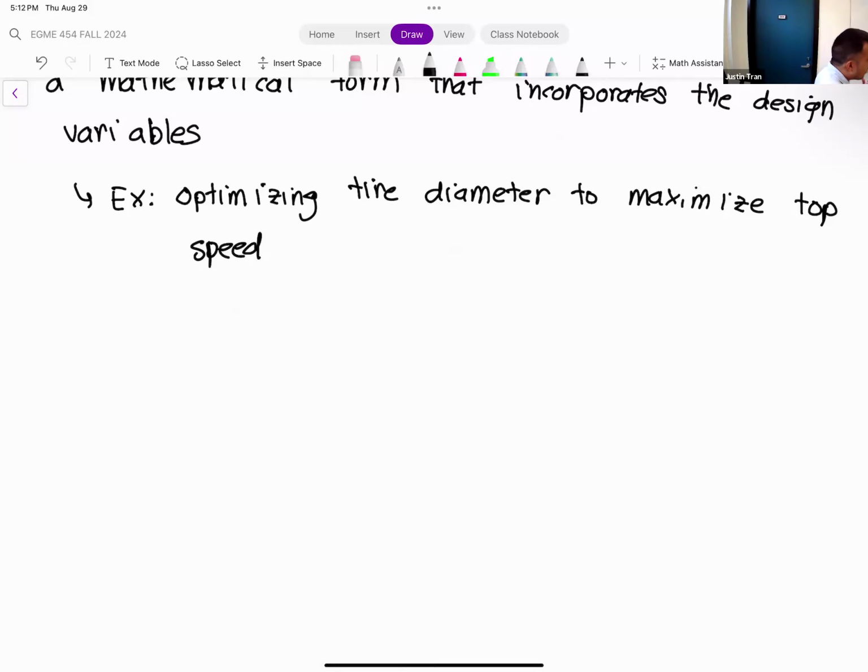So what that means is that your objective function needs to incorporate top speed to some degree, a function of xi, some metric for top speed.